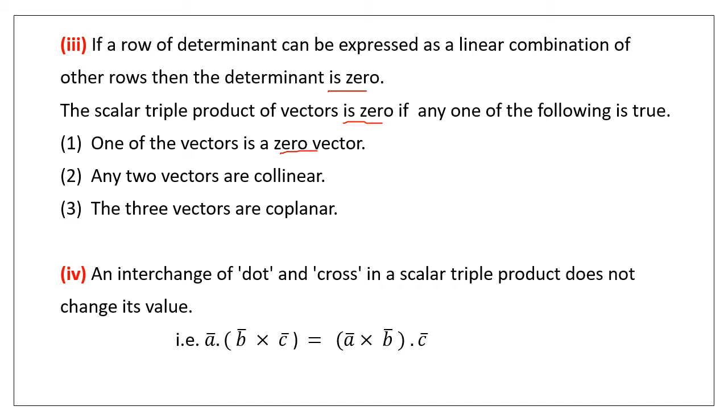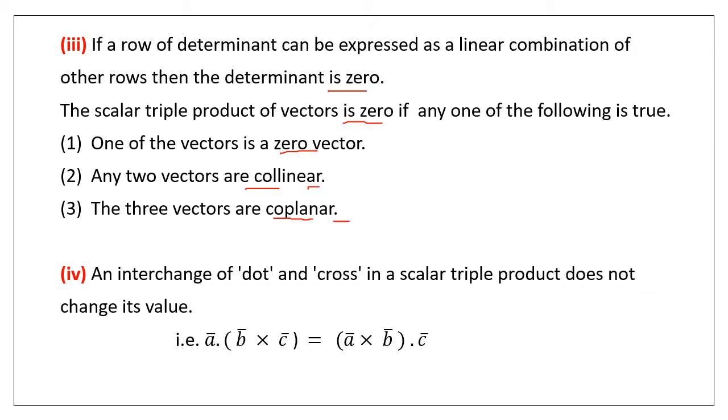Second, if any two vectors are collinear, then also scalar triple product is 0. And if any three vectors are coplanar, then also scalar triple product is 0. To show the collinearity of two vectors, we can use scalar triple product. For the coplanarity of three vectors, also we can use scalar triple product. If it is equal to 0, then we can say that three vectors are coplanar.